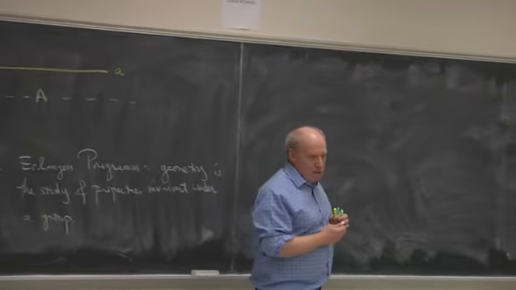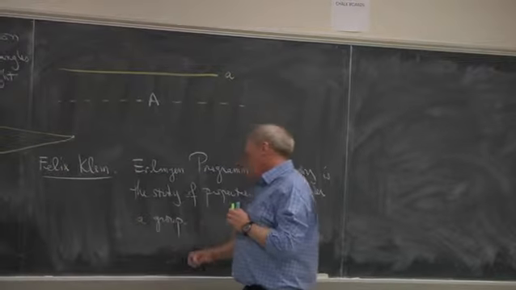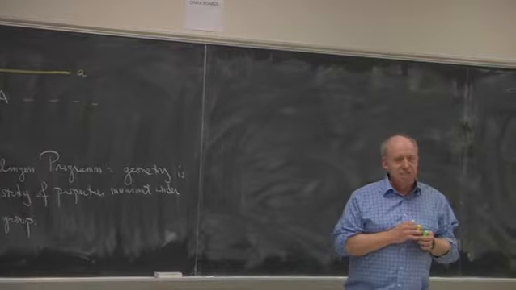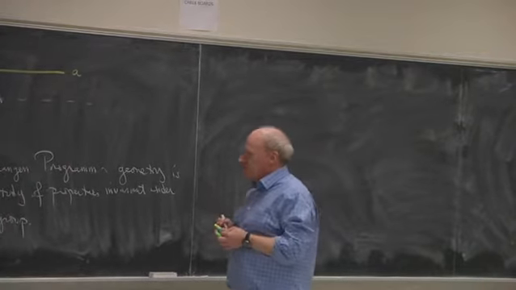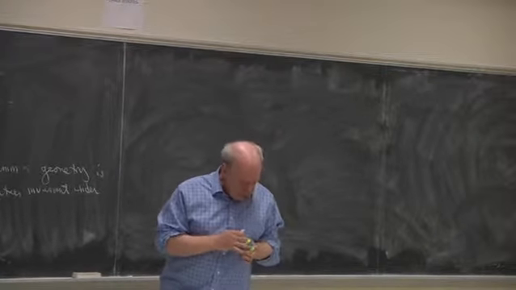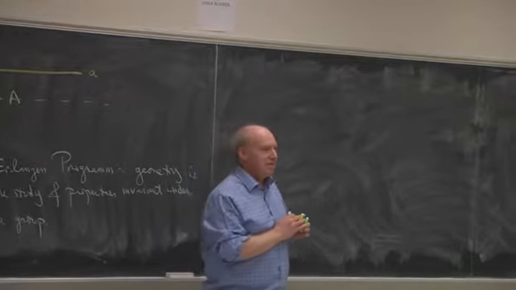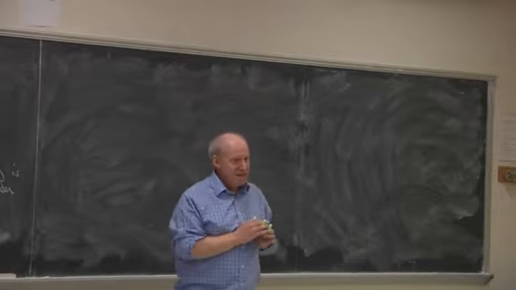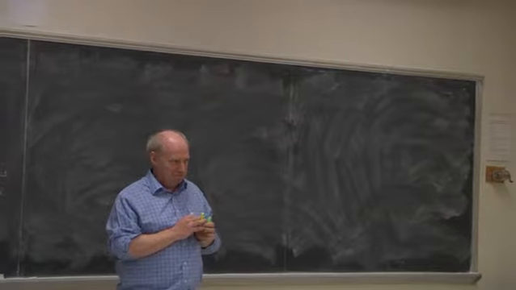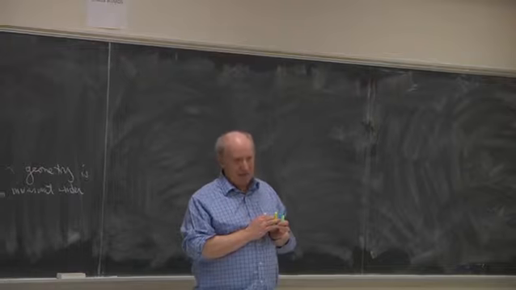And so I want to say that if we want to study parallelism at its most basic, then from this point of view, we want to identify a group of symmetries that is a symmetry of parallelism, and in fact a symmetry of the geometry of lines. So what group do you think that is? We want to study lines. What's the most basic group we might study where we would move lines around? Affine group? Affine group would be, yes.